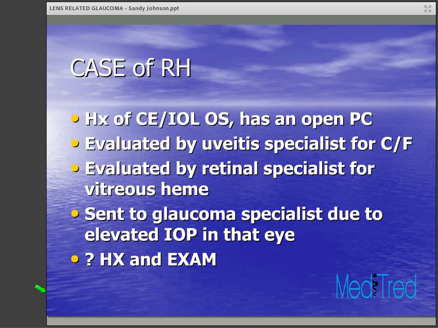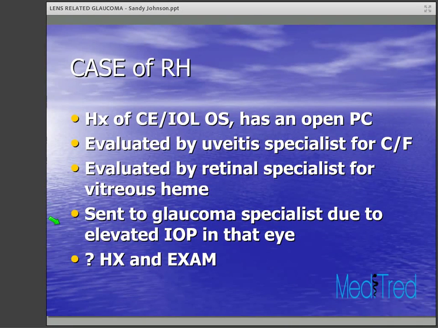Here's a case of a patient who had cataract surgery. I showed you his picture. He had an open capsule, and he had this cell and flare and was sent first to a uveitis specialist who didn't find an etiology. He then went to a retina specialist because he had some vitreous heme. And then he came to a glaucoma specialist because he had high pressure.